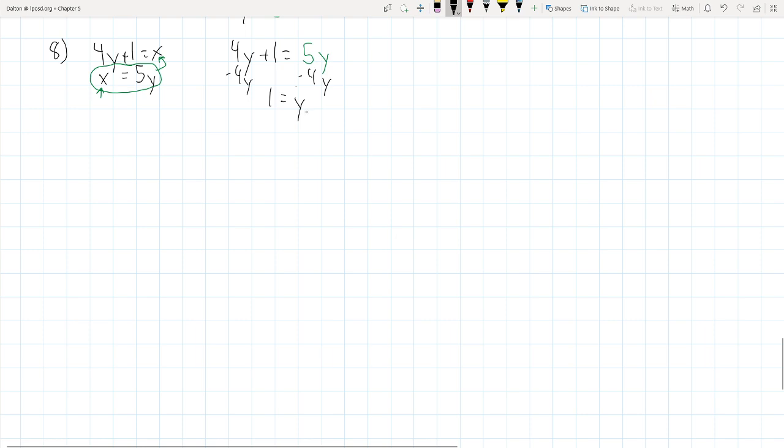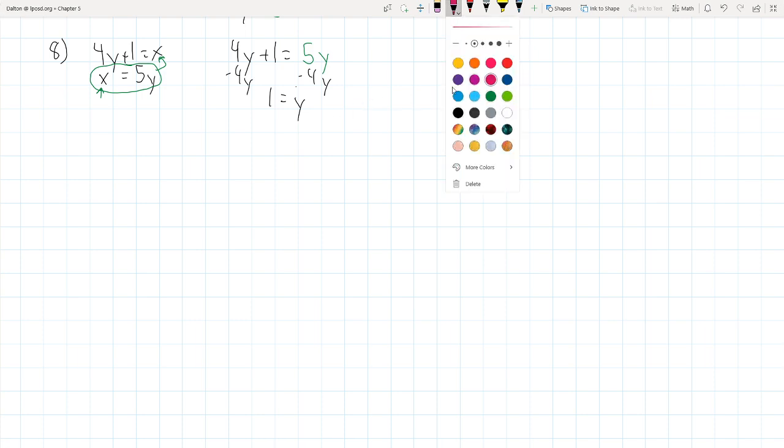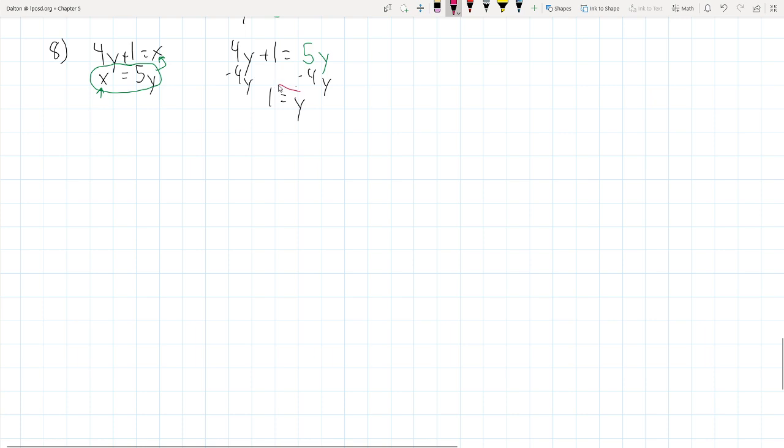Now, am I done yet? Well, the answer is still no, because I need to take this and plug it into one of these original equations so that then we can get a correct answer. Let me choose a different color. Let's do pink. I like keeping my numbers simple.